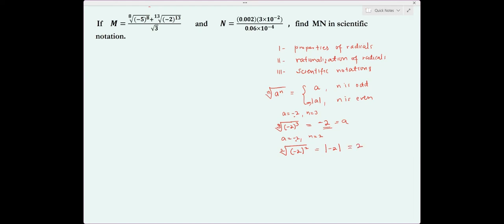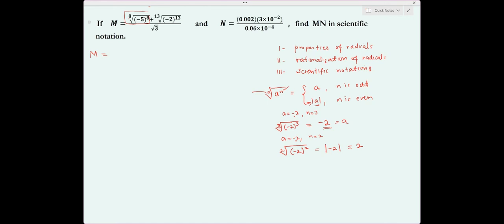So whenever you have the index and the exponent to be even, then you have to consider using the absolute value of a. Now, with that, we can answer what is m. So m is simply, if you look at the first term here, what is the index?